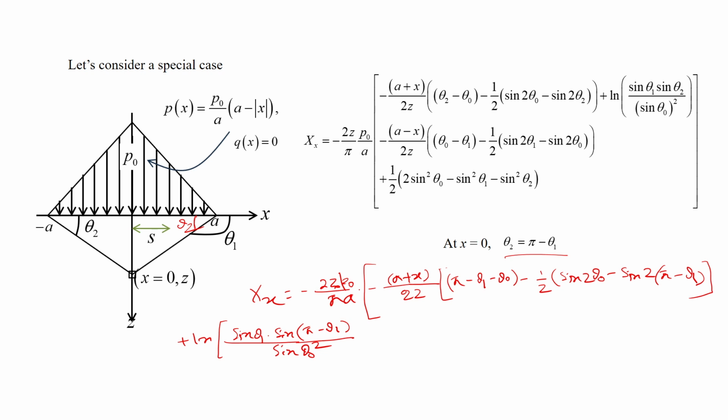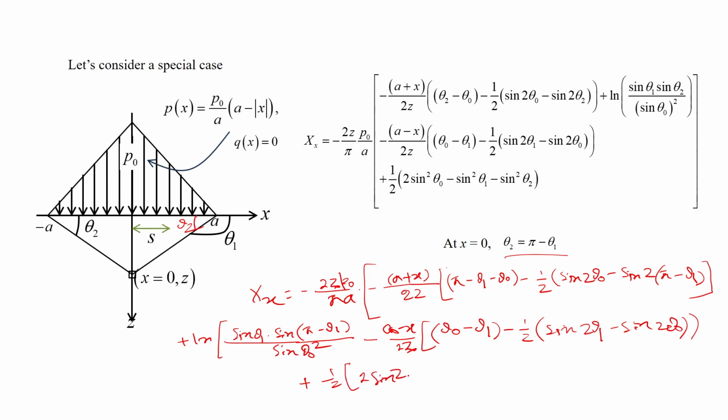and then I have a minus x by 2 z here, and here it is theta 0 minus theta 1 minus half of sine 2 theta 1 minus sine of 2 theta 0, bracket close, and then plus half of 2 sine square theta 0 minus sine square theta 1 minus sine square, this is theta 2 is pi minus theta 1.